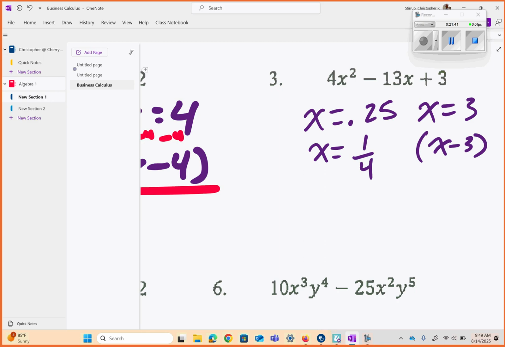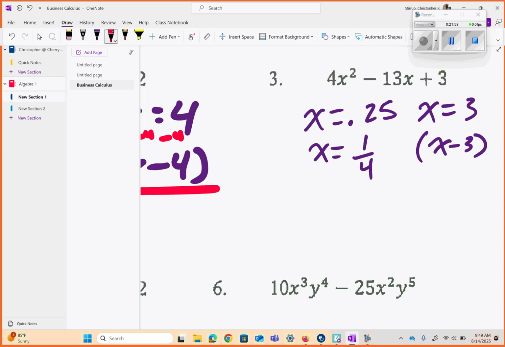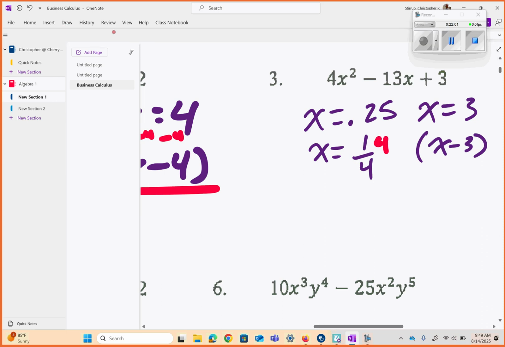If it's an irrational number, it can't be written as a fraction, which means I can't make it a binomial. But being that we discovered that 0.25 is the same thing as 1/4, I can go ahead and change this. I'm going to multiply both sides by 4, because I'm getting rid of that.